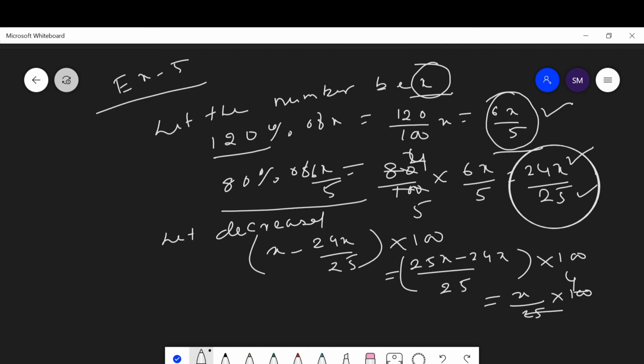Then this is out of x, so here x cancels, and we get 4%. Net decrease is 4% here.